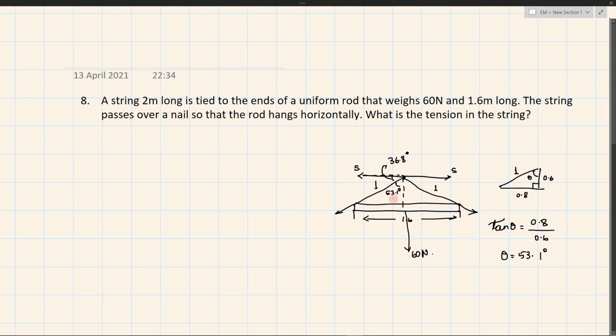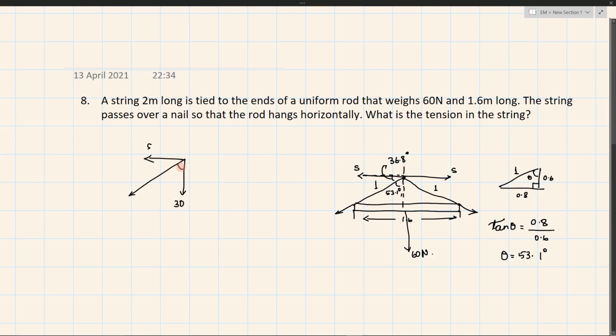So now we can resolve this. If I write the free body diagram, I can take only half of this. So I'll have this S and also this resultant, and the weight component would be 30 because I'm only considering the half of the diagram.